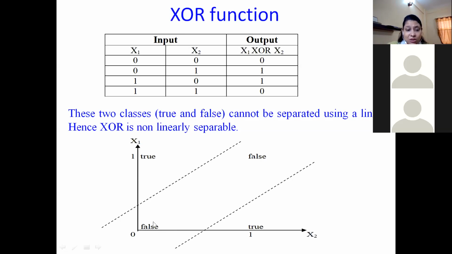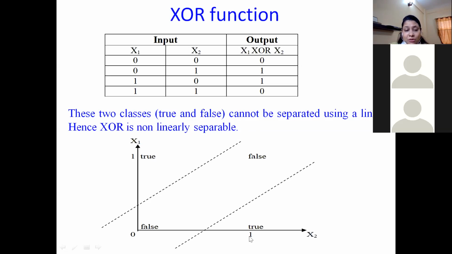So these two are similar values that should come into one class, or should fall into one class, right? That class label is false. So we can have a false region here, and we can have a true region here and here.